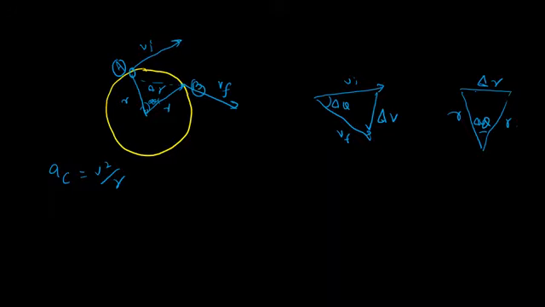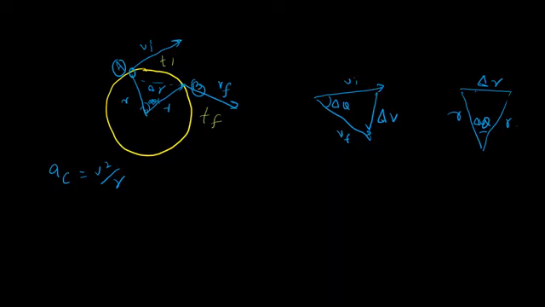Now how can I calculate this relation? I can use these three figures. Here you can see that when the body is at point A, its velocity is vi, and when it is at point B, its velocity is vf, and the times will be ti and tf.